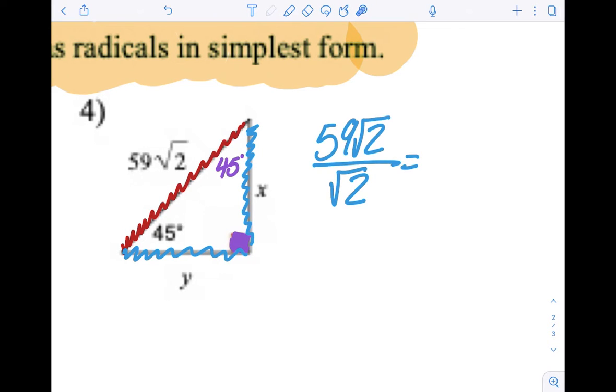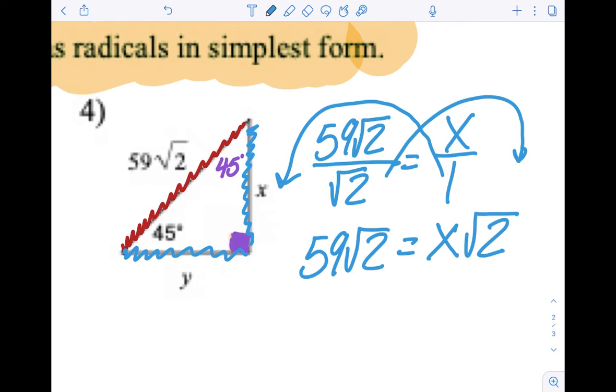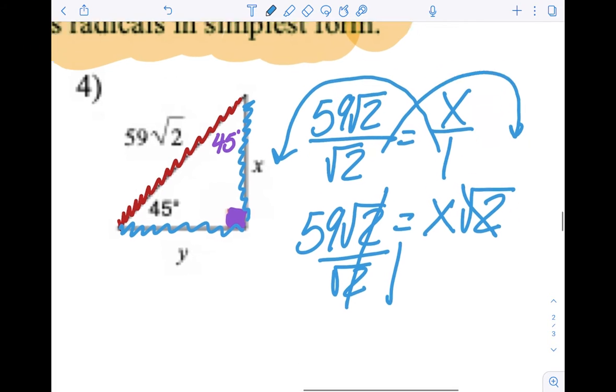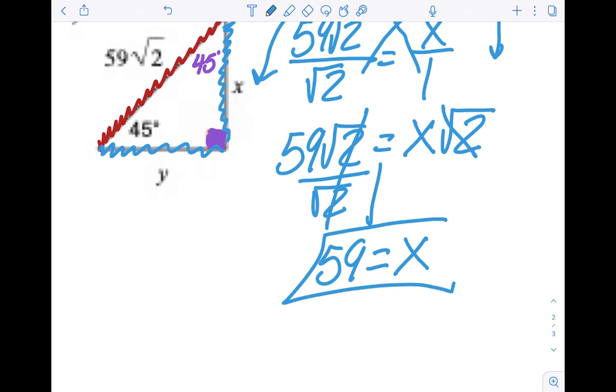So x over 1. We butterfly multiply, right? 59 radical 2 times 1 is 59 radical 2. Radical 2 times x is x radical 2. The opposite of multiplying by radical 2 is dividing by radical 2. These two cancel out, so I'm left with 59 is equal to x. Look at that.